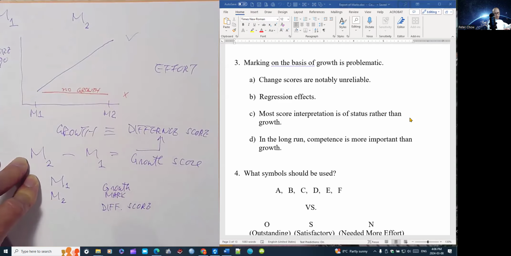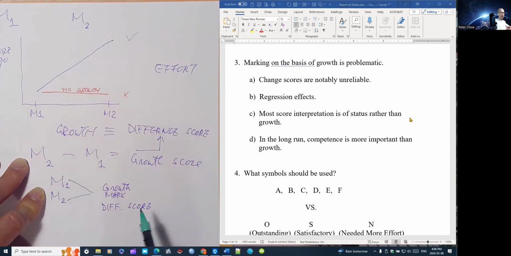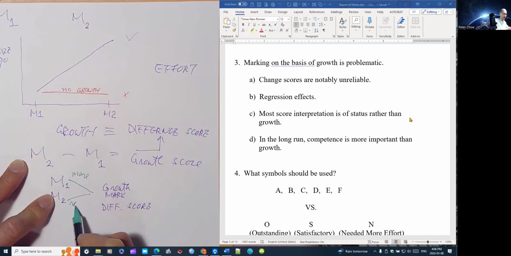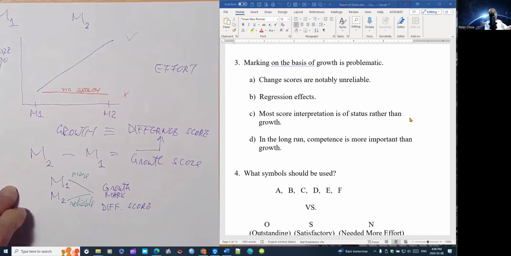In terms of reliability, you will see that each one of these single marks is more reliable than the difference score.